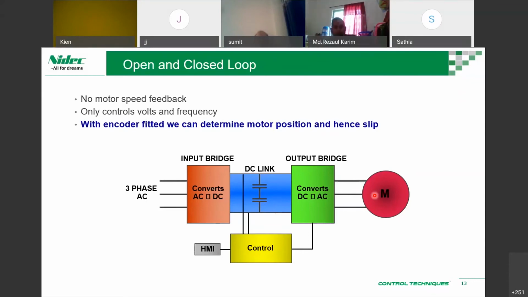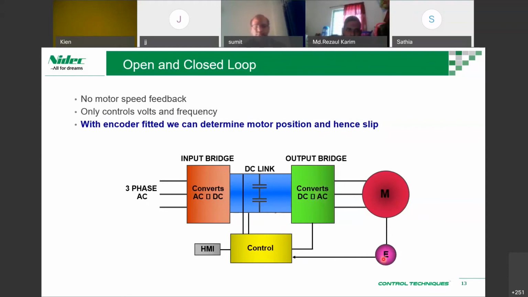But with an encoder fitted, then we get a closed loop. So we close the loop of control. In open loop we say run at 50 hertz. When we're using an encoder, we say run at 500 RPM. So this would set the frequency to run at 500 RPM.